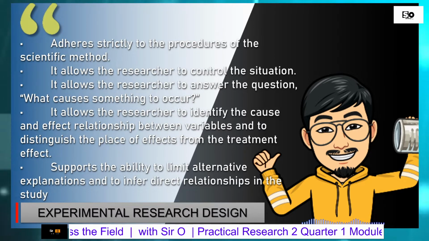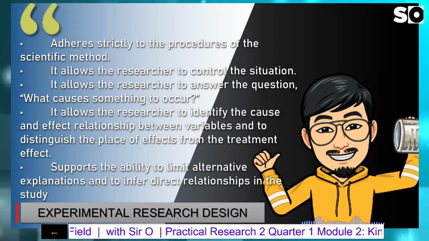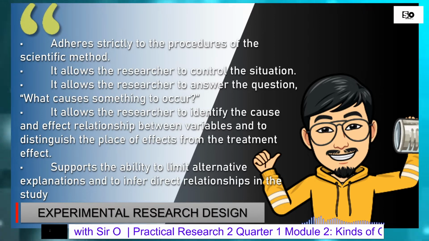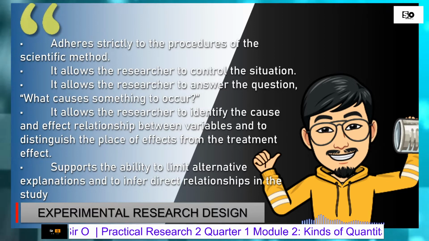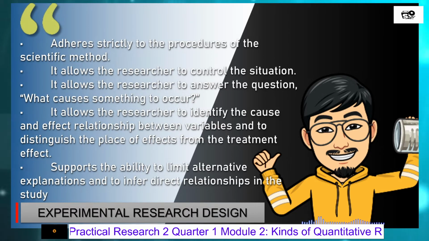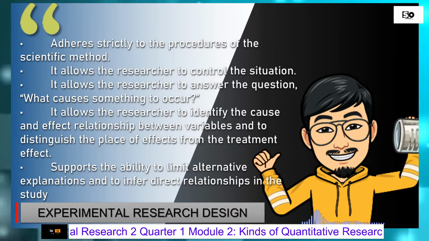Support the ability to limit alternative explanation and to infer direct relationship in the study. Sinusuportahan ang kakayahang limitahan ang mga kahaliling paliwanag at makapaghiwatig ng direktang mga ugnayan sa pag-aaral ng ating hahanapan ng solusyon.